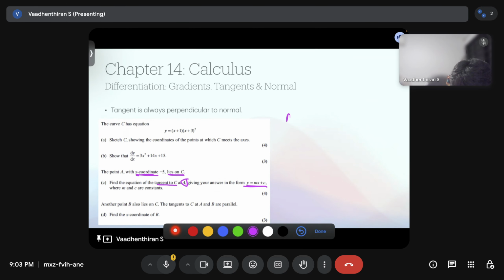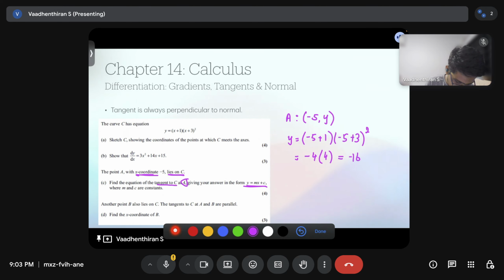To find the coordinates of A, it will be -5 and then y. So y will be equal to, you just substitute the -5 over here: -5 plus 1 is -4, -5 plus 3 is -2, squared is 4, times -4 is -16. So A has the coordinates -5 and -16.